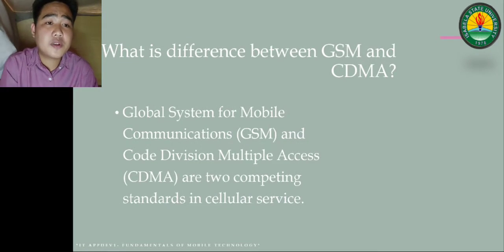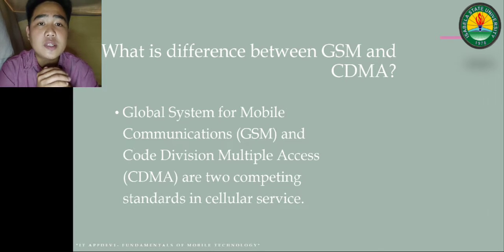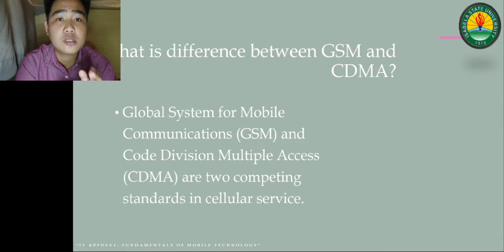So, what is the difference between GSM and CDMA? Global System for Mobile Communication or GSM and Code Division Multiple Access or CDMA are two competing standards in cellular services. The basic difference between GSM and CDMA is that GSM is SIM specific, that is, a mobile phone is identified in the network by the removable SIM inserted in that phone.